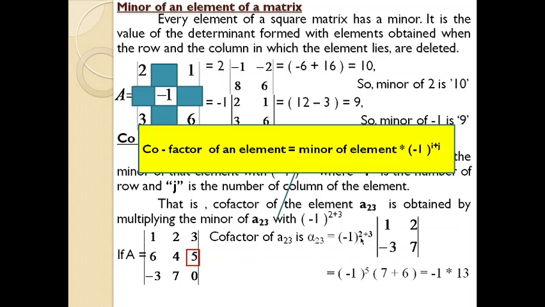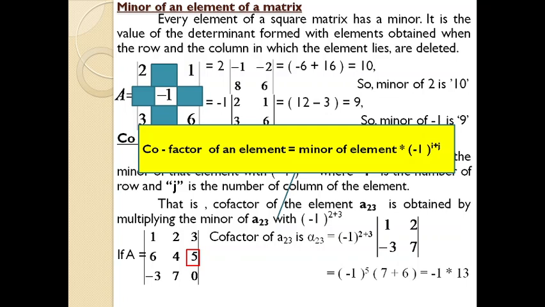Next is 2 plus 3, we know 5. So the next step, minus 1 raised to 5 is quite simple. If you are getting a power of an odd number, here the minus 1 will remain the same. That is, the negative sign will be the same.